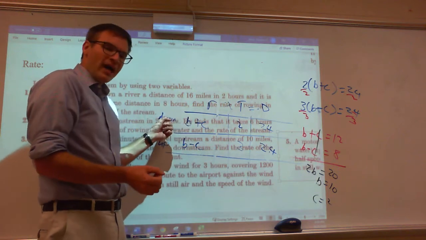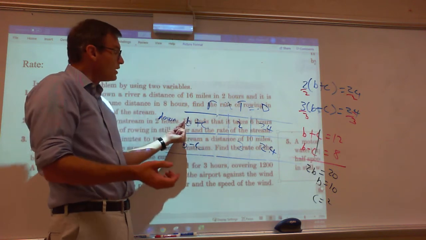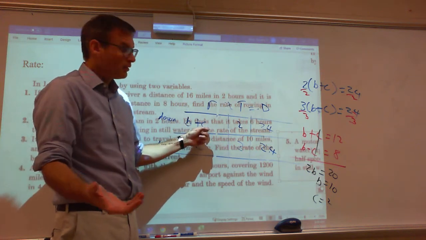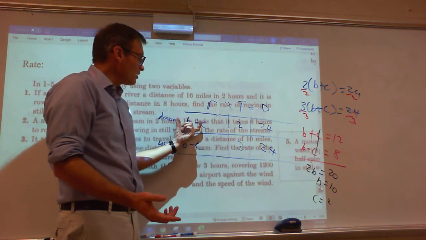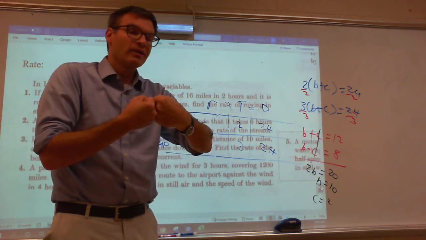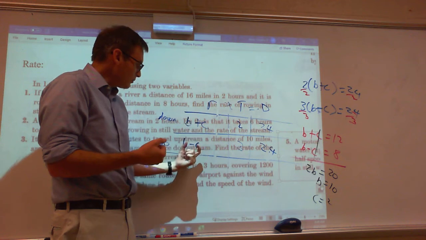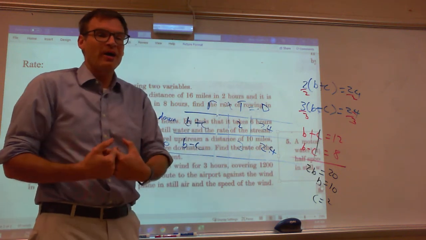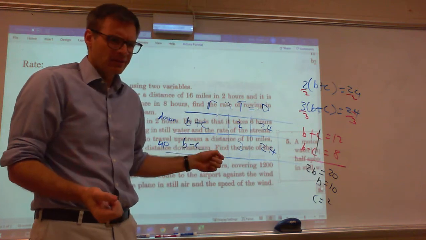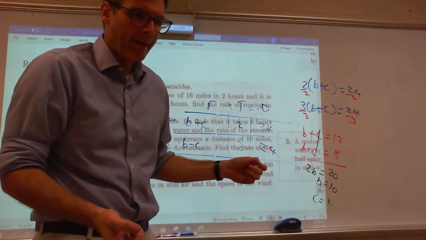When you're going downstream, the current's helping. So b represents the rate of the boat, and c represents the current. Going downstream, I have to add the rate of the boat plus the rate of the current. And I need that so that when I talk about upstream, I can talk about how the current's hurting the boat, where you get b minus c. Does that make sense? Yeah, it does.